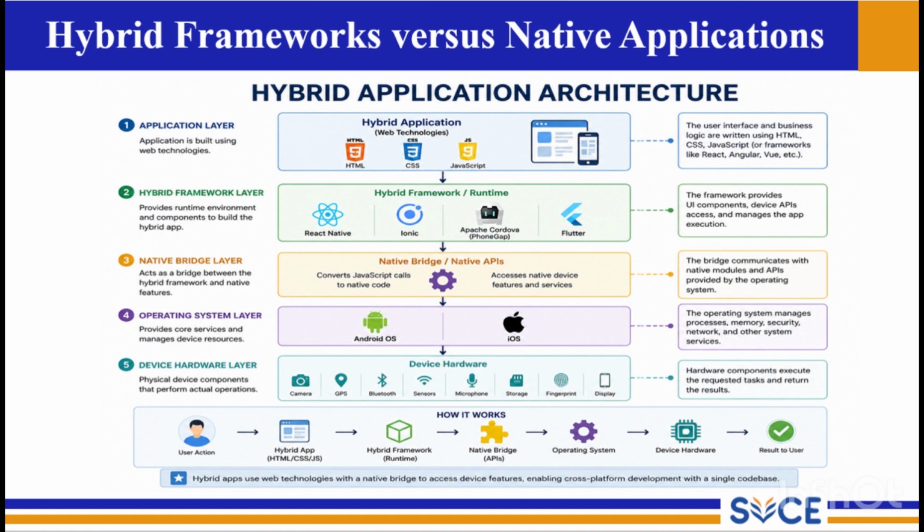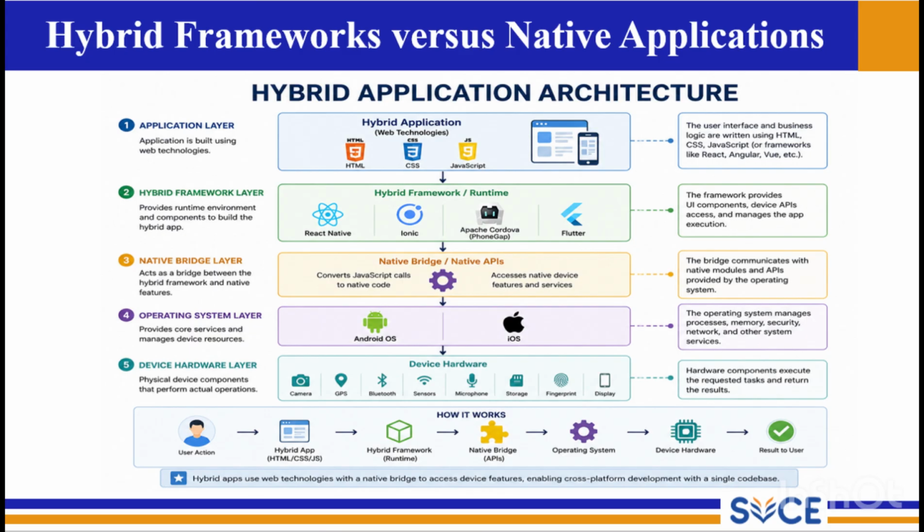Although this process involves several layers, it happens almost instantly. You may now understand why hybrid applications are generally slightly slower than native applications. In native applications, requests travel directly from the application to the operating system.